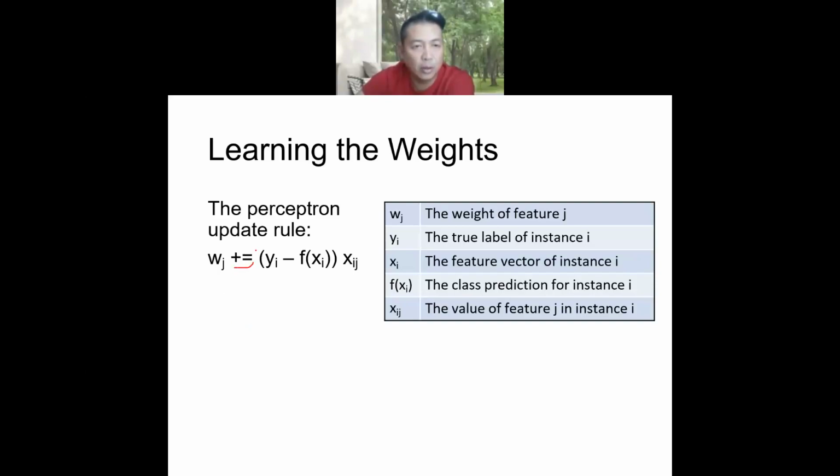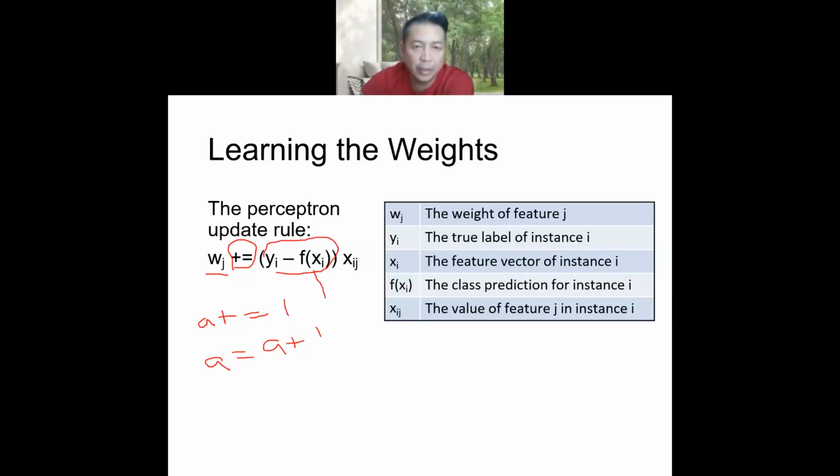I think you know this one already. So this is equivalent to, for example, a plus equal to 1. So basically this is a equal to a plus. In this case, we will update the weightage with this value.